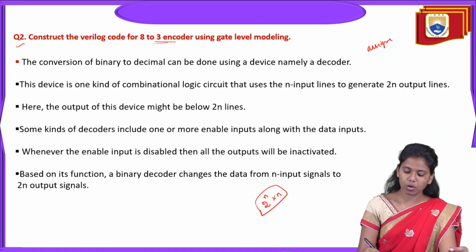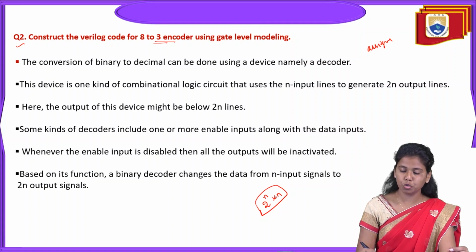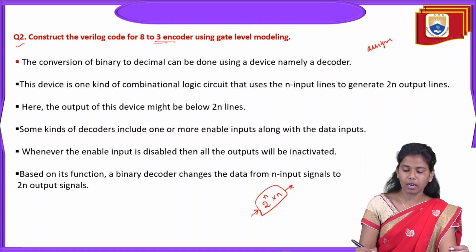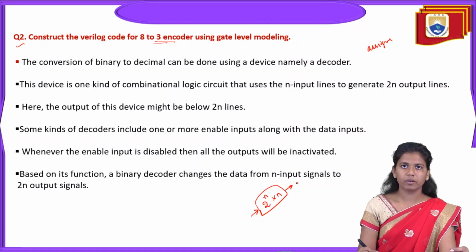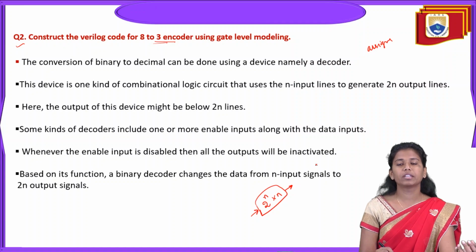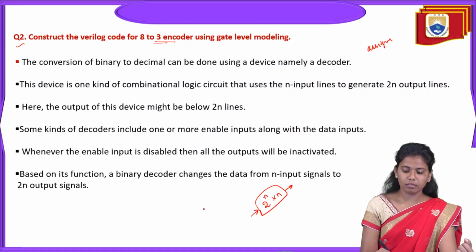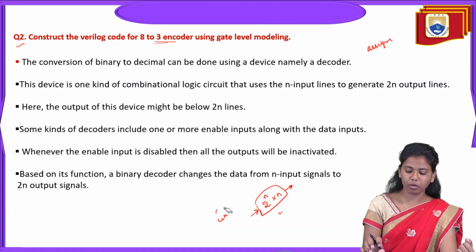That means if you have 2 power n inputs, the data is encoded as n outputs. So we have different types of encoders like the 8x3 encoder and the 4x2 encoder, 2 power 2.